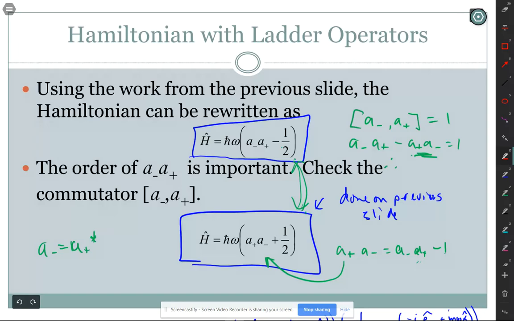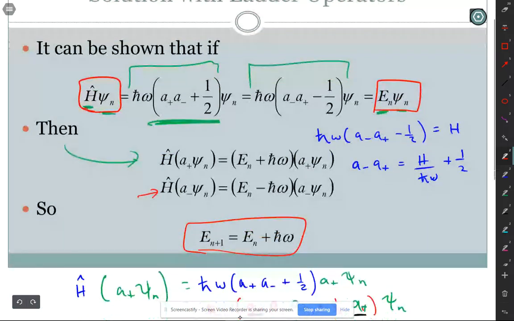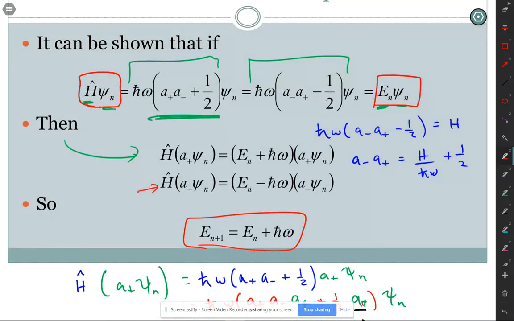So with those ladder operators, we were able to rewrite the Hamiltonian in terms of them. We did a commutator with the Hamiltonian and determined that the commutator between A minus and A plus is just 1. And then we went through and said, it can be shown that if the wave function is a function of the Hamiltonian, which is just a way of saying if you found your solutions to the Schrodinger equation, right?